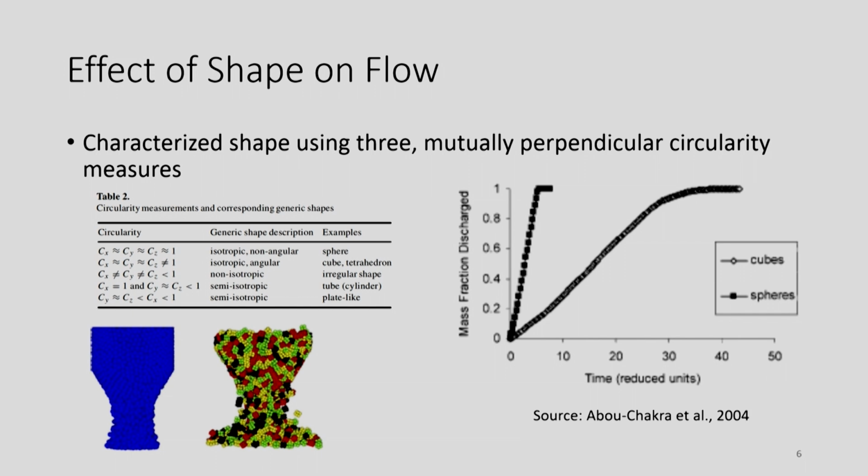The spherical particle will flow uniformly or smoothly when compared with irregular shaped material. Again, this is a simulated image. And mostly, if it's plate-like, high aspect ratio, then the flow will be very challenging. You might have to use some flow aids to make them flow.